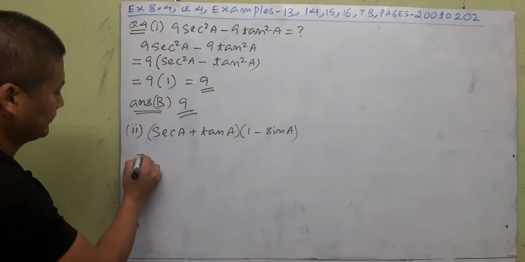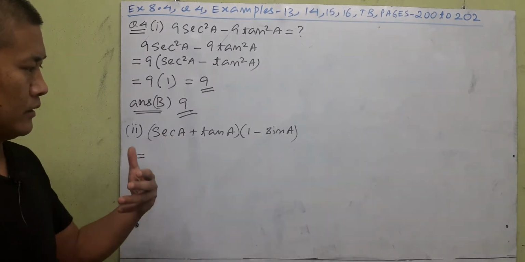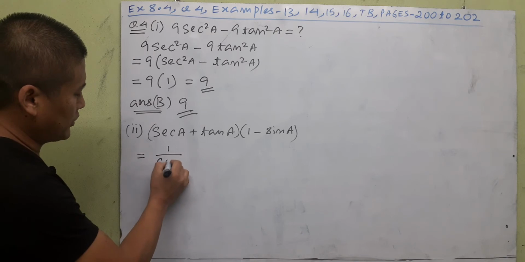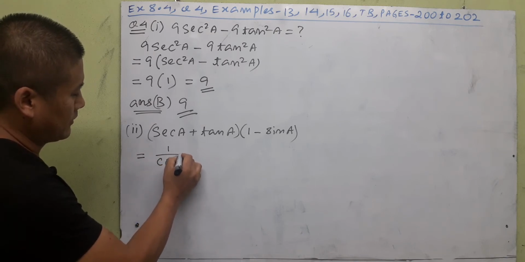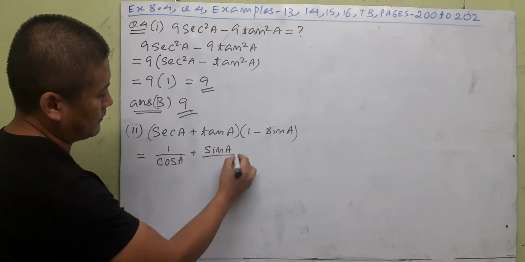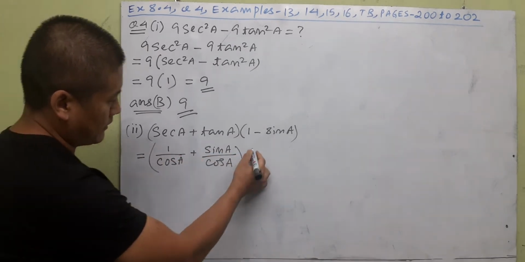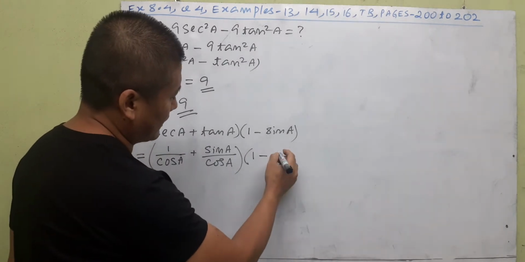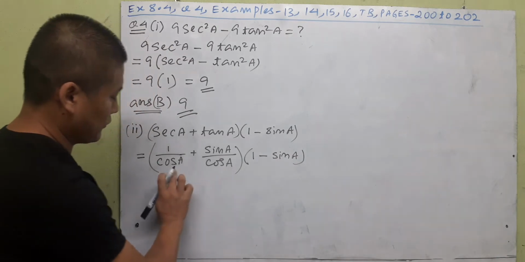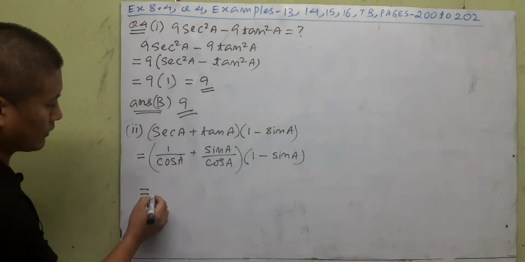So here let's change all these terms into the form of sine and cos by formula. We know sec a can be changed to 1 by cos a, tan a can be written as sin a by cos a, and this one is the same, and sin a is fine. Everything is now in sine and cos. That way we can get some answer, I think.